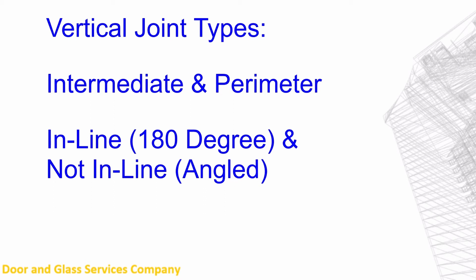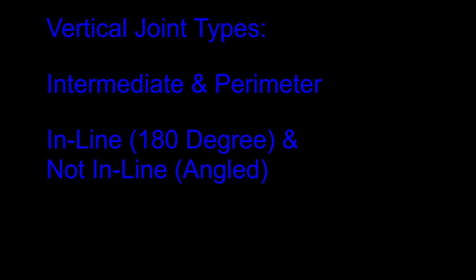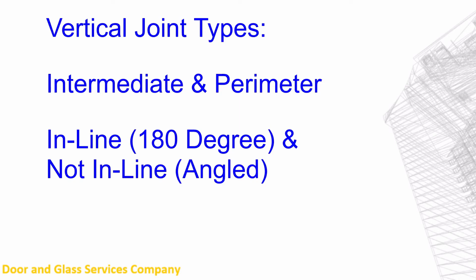It's important to recognize that there are 2 different vertical joint conditions. One occurs at intermediate vertical joints, those are the joints between the glass panels, and the other occurs at the perimeter of these openings where the joint occurs between a glass panel and the structure. So we have intermediate and perimeter conditions.